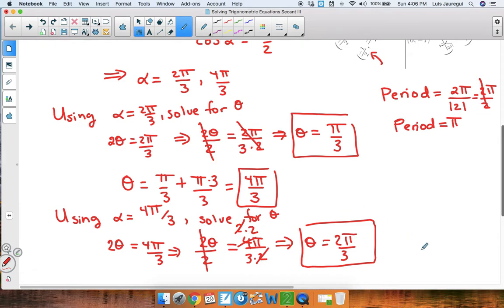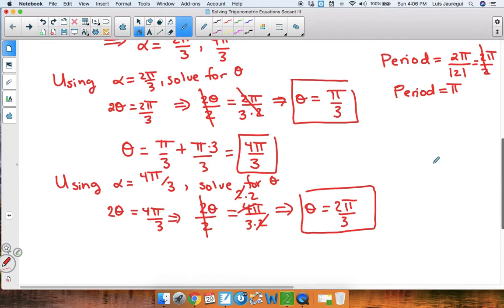To generate the next angle, we're going to add the previously defined period for our function. So theta is also 2 pi over 3 plus the period of pi. That period of pi will be multiplied by 3 over 3 to get the common denominator. So the next value for theta is 2 pi plus 3 pi all over 3, which is 5 pi over 3.